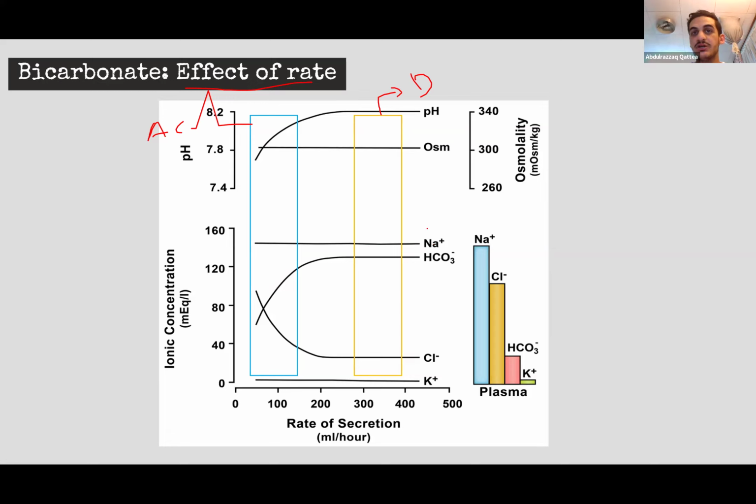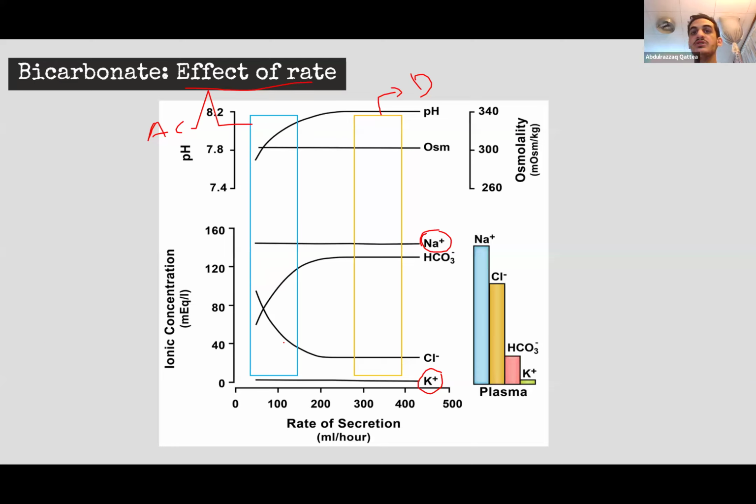So look here at the sodium, it will be higher than the potassium. Another thing to notice is that the sodium is not changing, and the potassium is the same thing. It's not changing. Why is that? Because when the acinar cells are secreting the potassium and sodium, it's going to the ductal cells, and there are no channels that can exchange the sodium and potassium. So they will stay the same. They will not be affected.